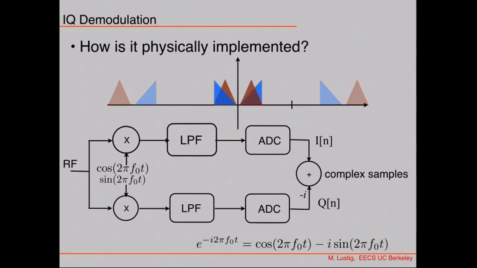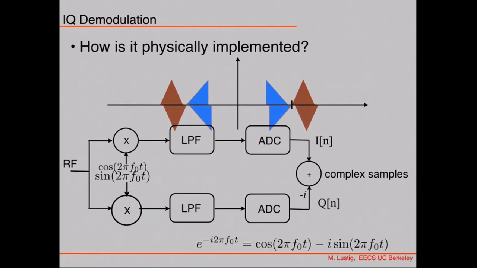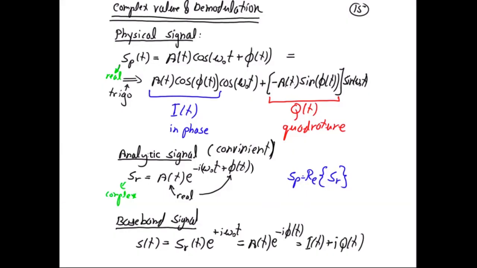Okay. Now, there's another way of getting to the same math, and I don't want to go too much into it, but just go through maybe this process. If my signal is A(t) cosine ω0t plus some phase φ(t) that's changing over time, you can decompose this using trigonometry into a component with cosine φ(t) multiplied by cosine ω0t, and another component with sine φ(t) multiplied by sine ω0t. This we call the in-phase component.